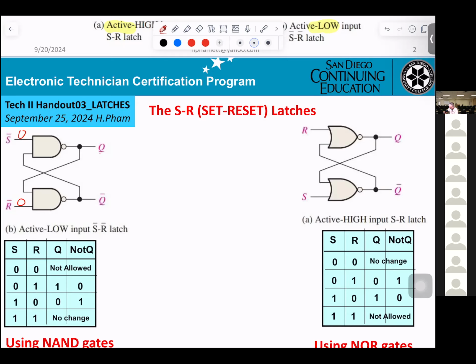If you get a 0 here, what is Q? You know that is a NAND gate, that means not A or not B. It doesn't matter what the input is here. Q must be 1.